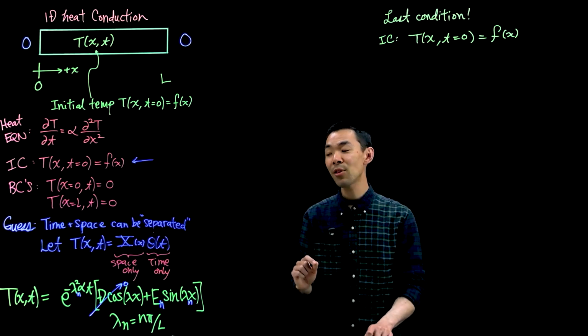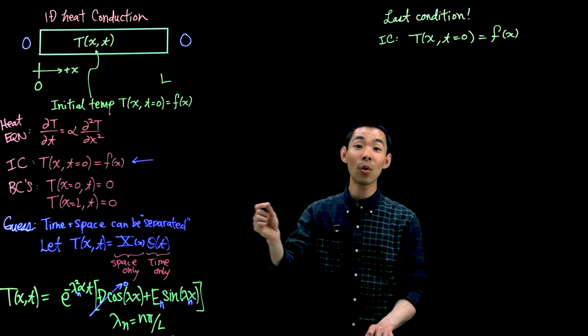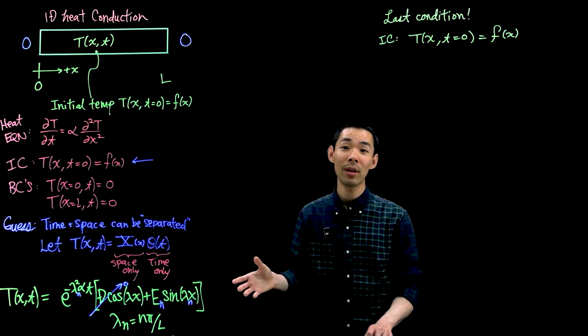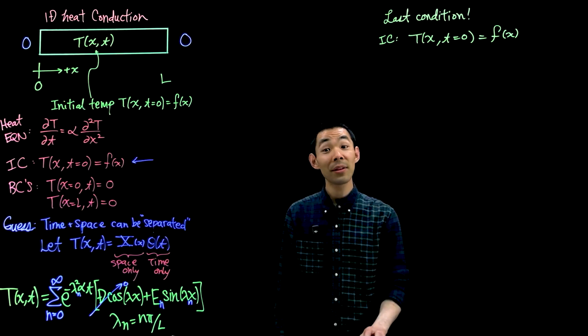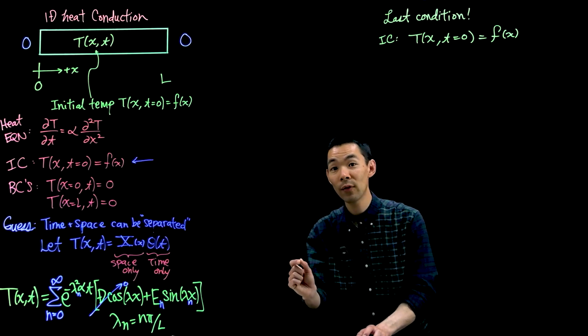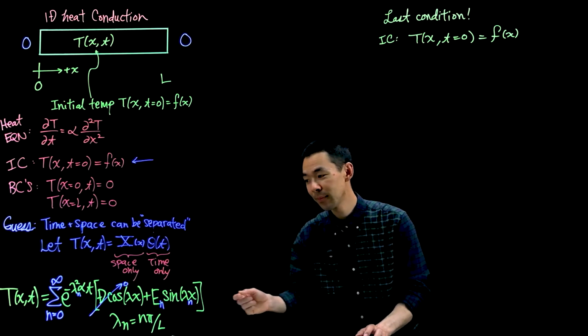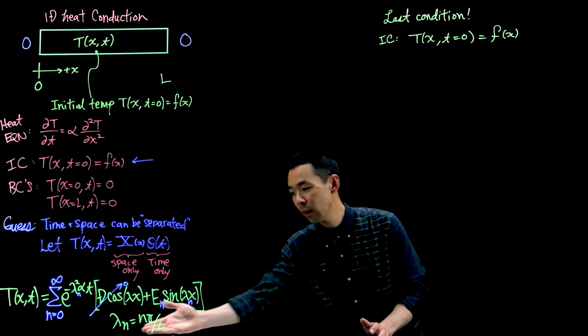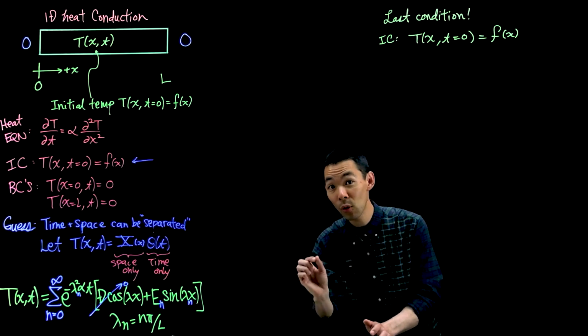So let's add a summation out in the front to indicate that the total solution is a superposition, a summation of all of these integer values of n. Just like that. So now you have a sum over n going over all integer values of this exponential decay. We now know what lambda n is, so that's no longer an unknown.